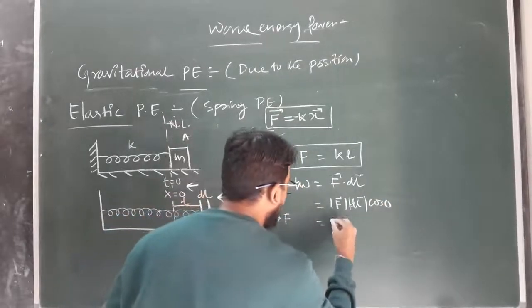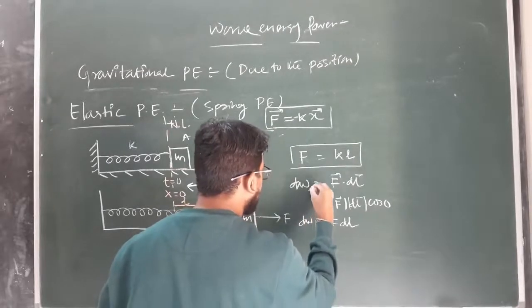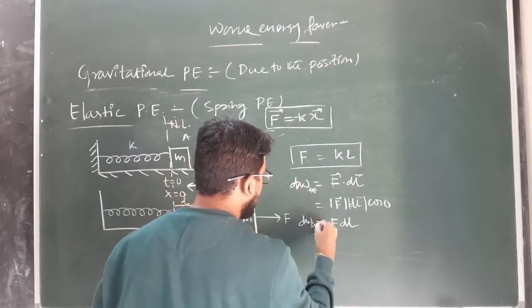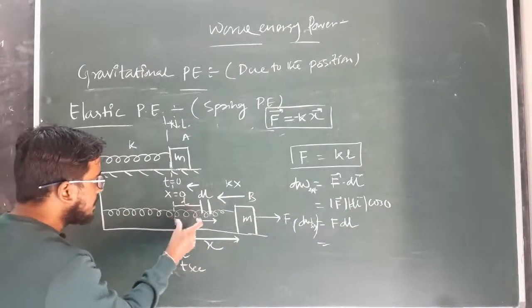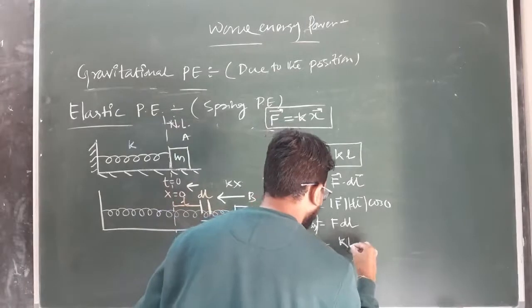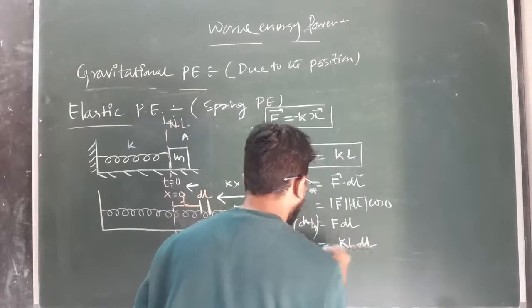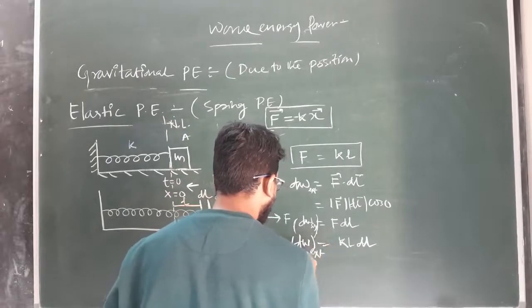This will be equal to F dl, which is equal to dW due to external force. Okay, so this is the value of F at this instant, that is extension is L, so F will be KL into dl, the amount of work done due to the external applied force. Clear?